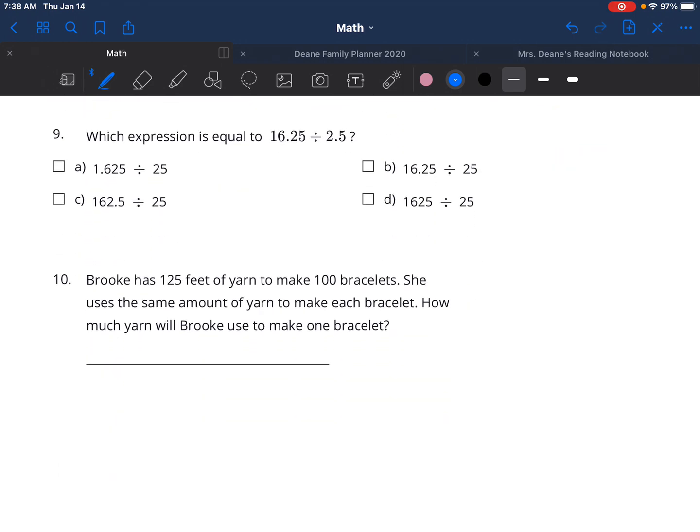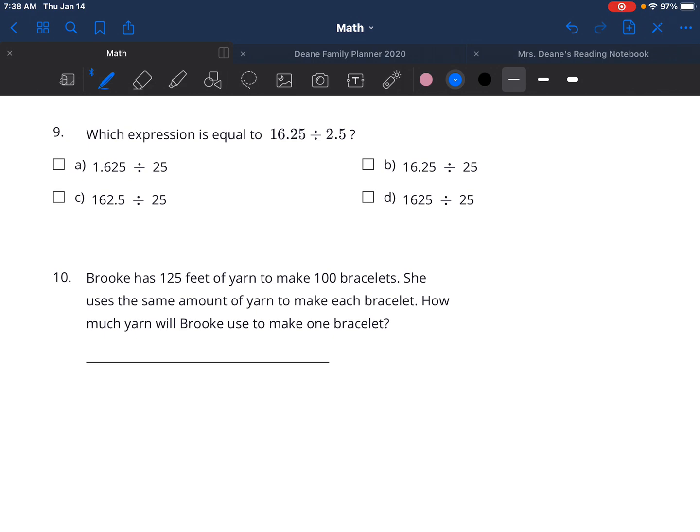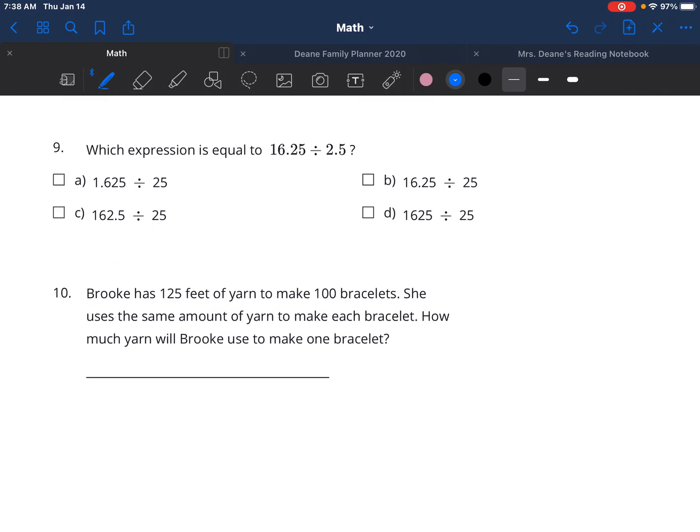Number 9, which expression is equal to 16.25 divided by 2.5? So this was that one that was a little bit tricky. So remember, what you need to do here is you can see that I have a decimal in my divisor. So that means I have to move my decimal point to the right in order to get a whole number of 25.